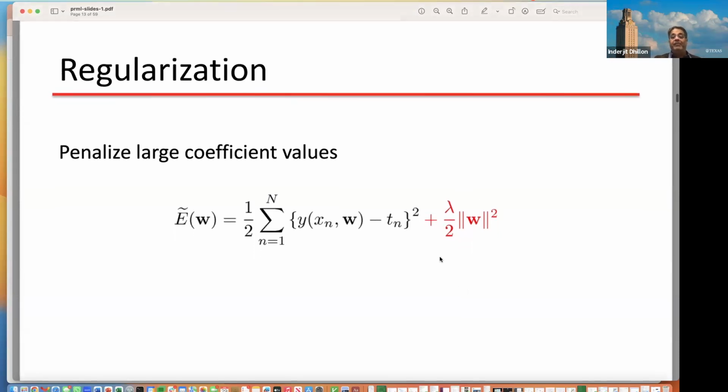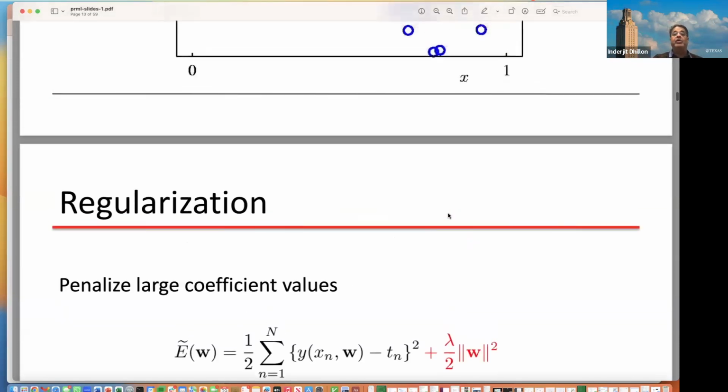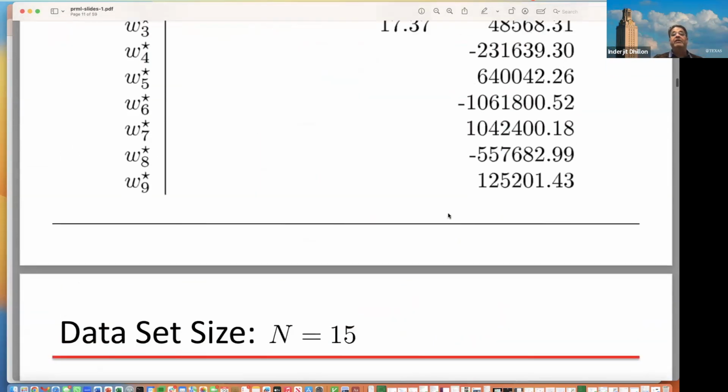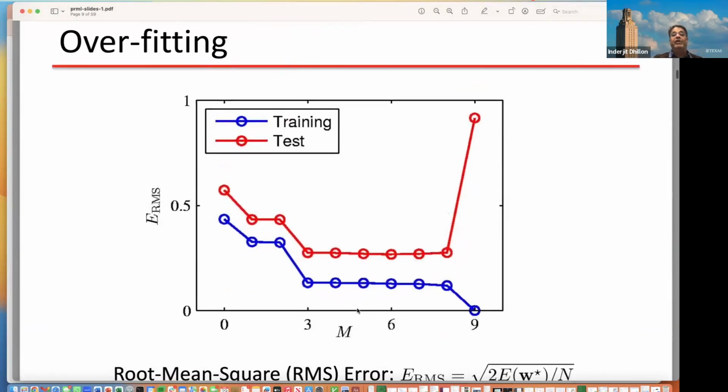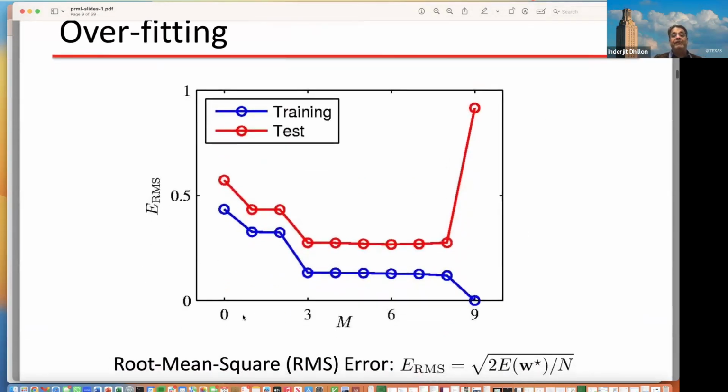So typically you want lambda to be good. And ideally, over here, we had this M. If you look at a value of lambda over here, typically that's what will happen: when you have too large a lambda, it'll be a very simple model.